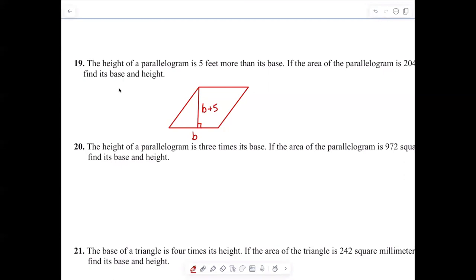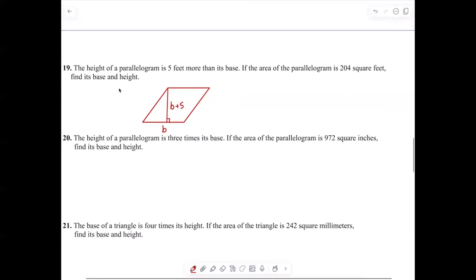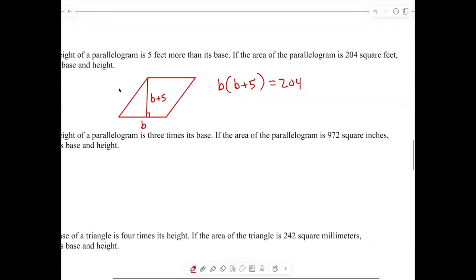Is everybody good with that? Now, the area of a parallelogram is 204, right? So that means base times height is equal to 204. Everybody agree with that? Now we distribute: b squared plus 5b equals 204.